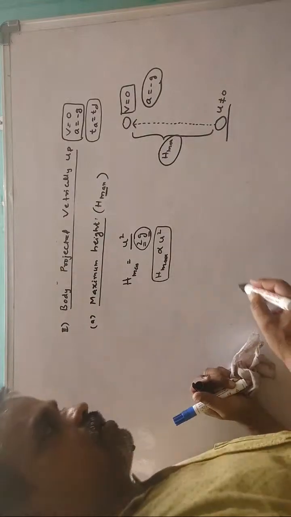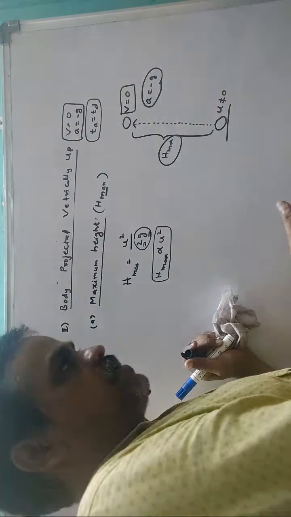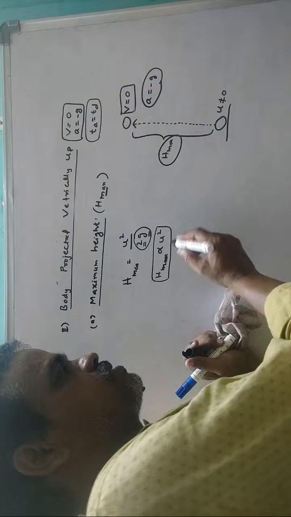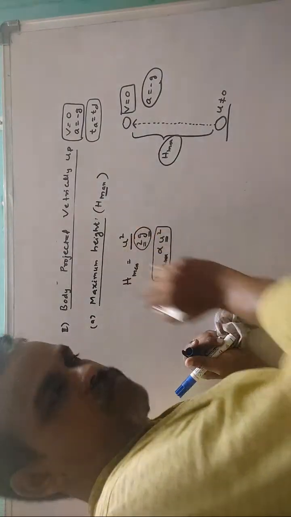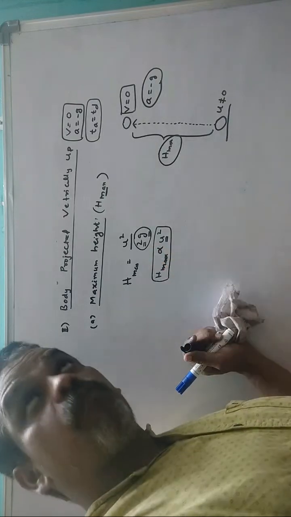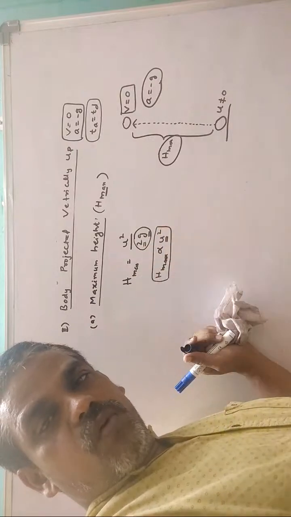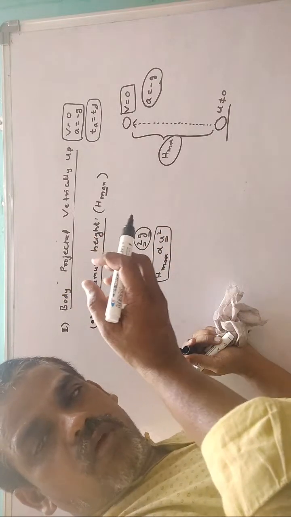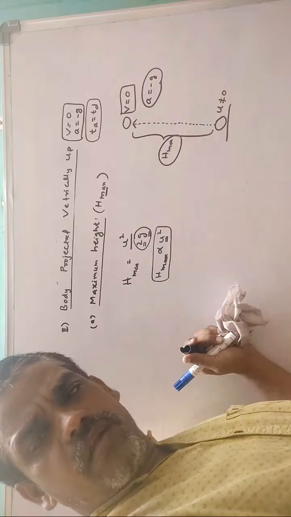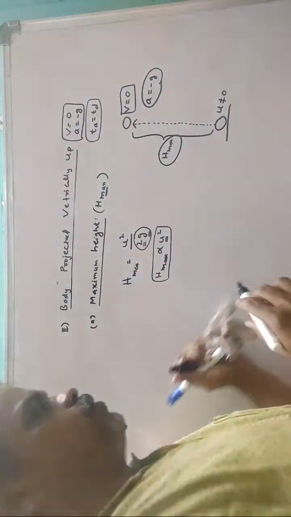That means the initial velocity of the body which is projected vertically up, the maximum height it reaches depends on u square. మనం బాగా స్పీడ్‌గా విసిరేసాం అనుకో, పై అప్ సైడ్ స్పీడ్‌గా విసిరేస్తే it will go maximum height. తక్కువ స్పీడ్‌తో ప్రొజెక్టింగ్ చేసాం అనుకో, తక్కువ హైట్ వెళ్తుంది. That is the relation, nothing else here. h max is proportional to u square.